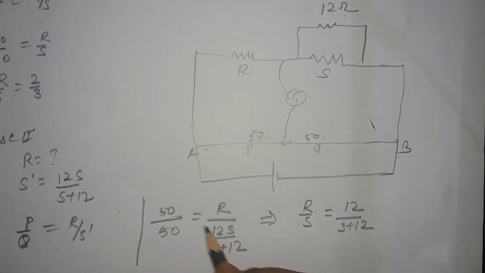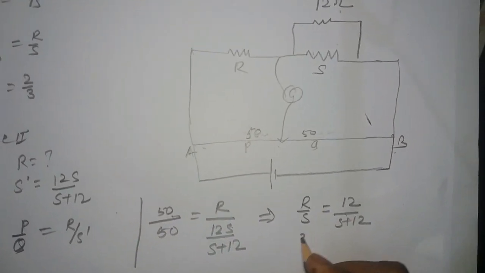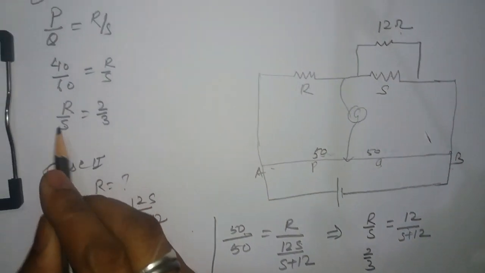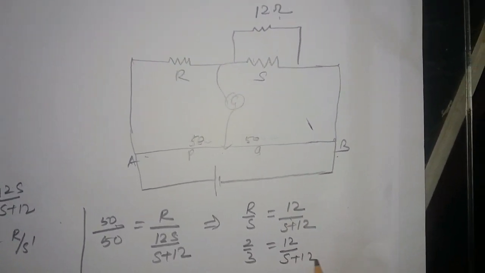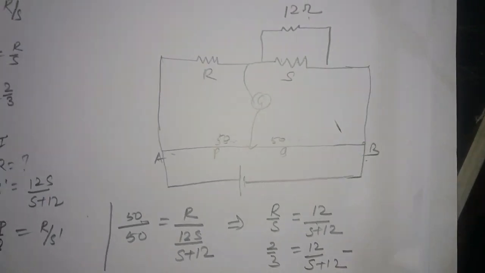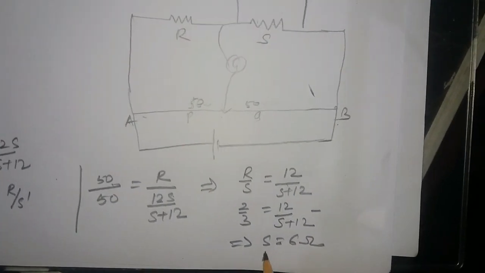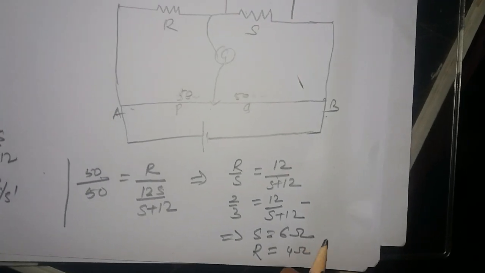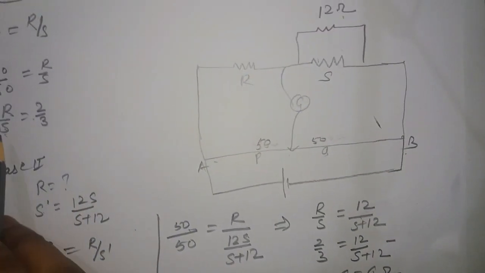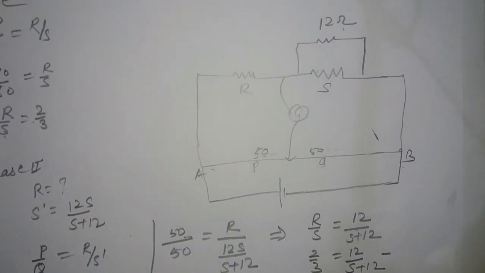And R by S is how much? 2/3. So from here R by S equal to 2/3 equal to 12 upon S plus 12. From here you will get S equal to 6 ohm and R equal to 4 ohm after substituting the value here. Substitute 6 ohm here, ठीक है, you will get R equal to 4 ohm.